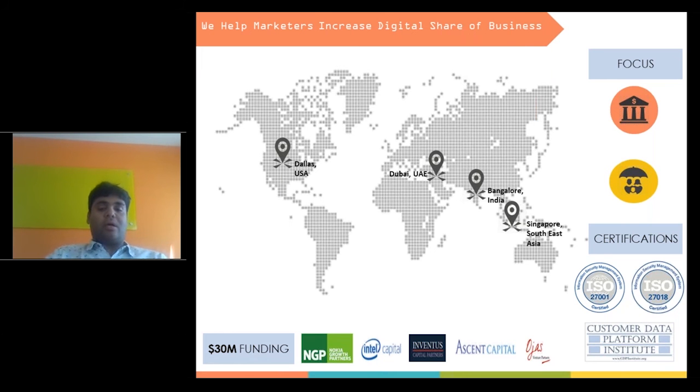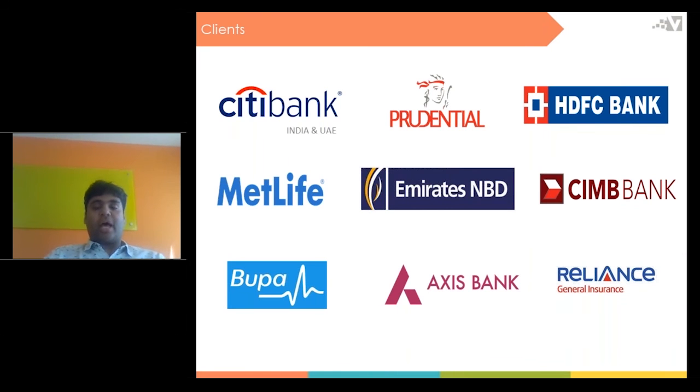So all our features, like the security features, are basically aligned to the BFSI vertical. Just to list down some of the clients that Visuary has, all the big names in the business, basically Citibank, HDFC, CIMB Malaysia. So we work with most of the big banks and insurance companies across geos.